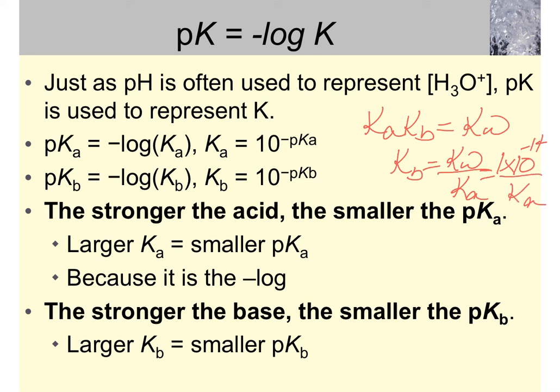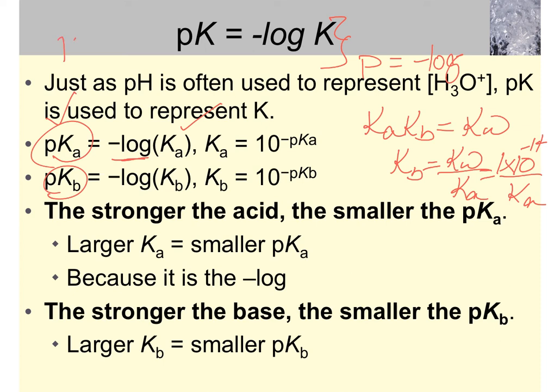Alrighty, so another little term you're going to see is pKa and pKb, and you may remember me telling you at some point that P for chemists means minus log of something. So pKa means minus log of Ka. And again, we use the pKa versus Ka just because it's easier.